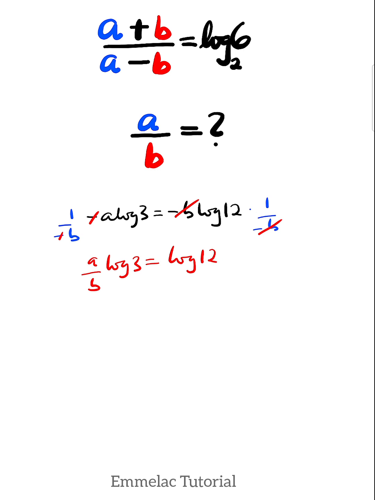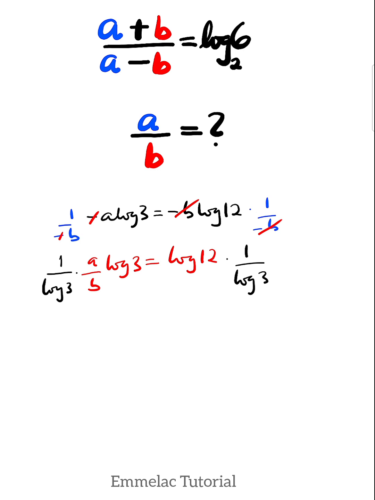The next thing is to multiply both sides by the reciprocal of log 3, which helps us clear off log 3 from the left hand side. So we multiply by 1 all over log 3 on both sides.